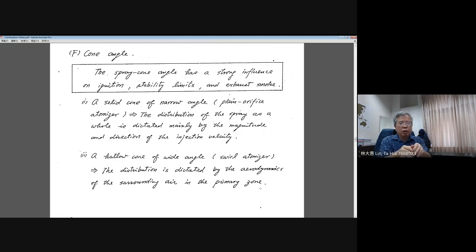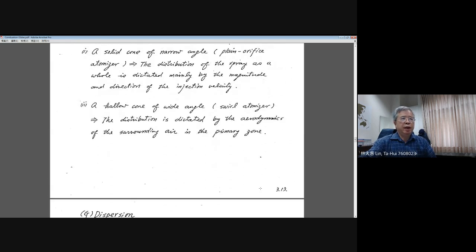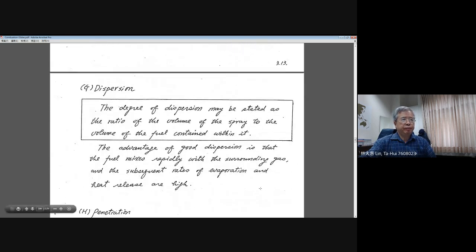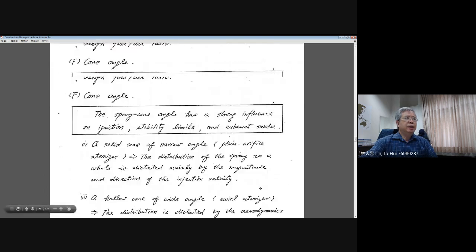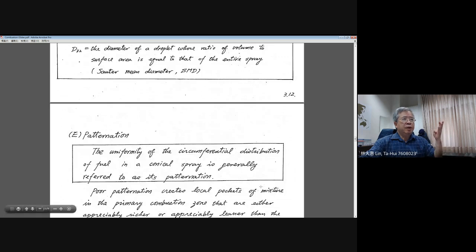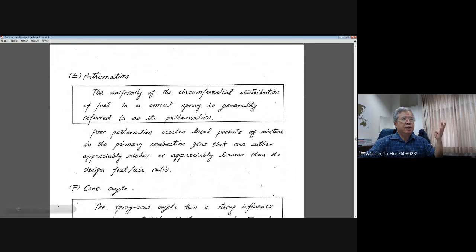But for the hollow cone, because they open with wide spray angles, they reduce their axial momentum. The penetration depth will become smaller, but they will have good mixing with the air from the outer surroundings.